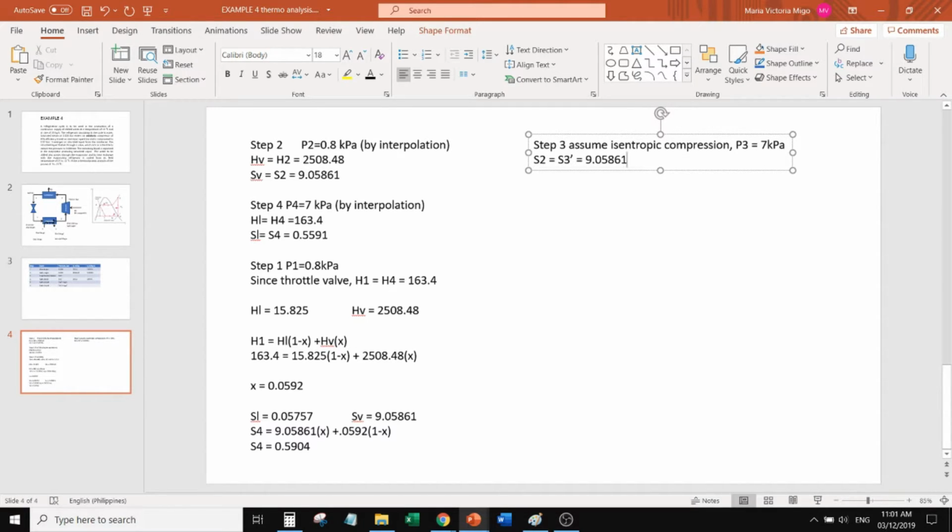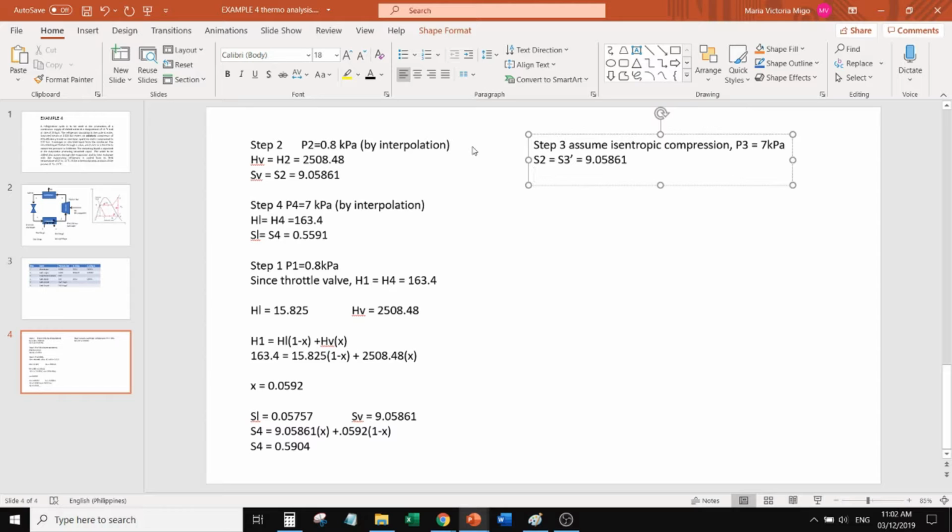And then check the superheated properties of the steam table. This is one phase only, superheated steam.